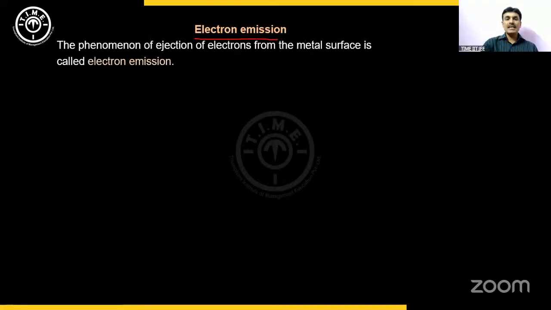Now, coming to electron emission, the different ways of electron emission. Electrons are ejected from the metal surface by some means. The phenomenon of ejection of electrons from a metal surface is known as electron emission. There are different ways for the emission of electrons.